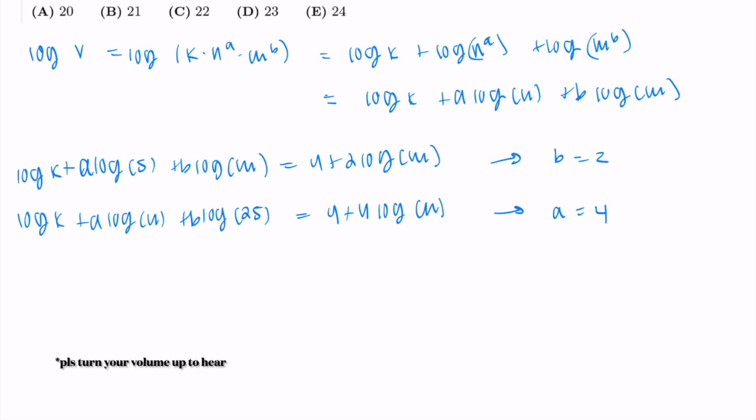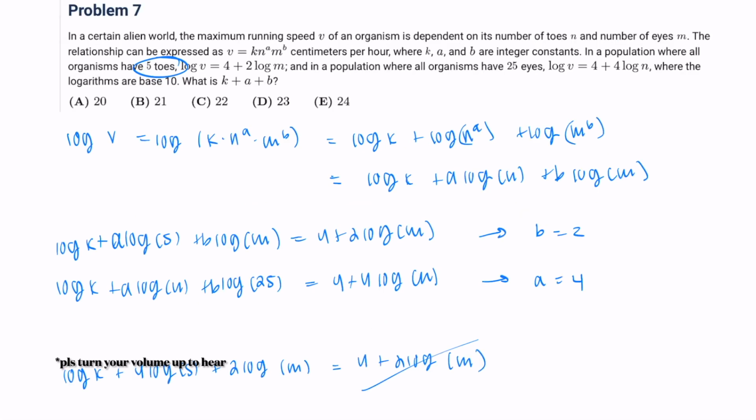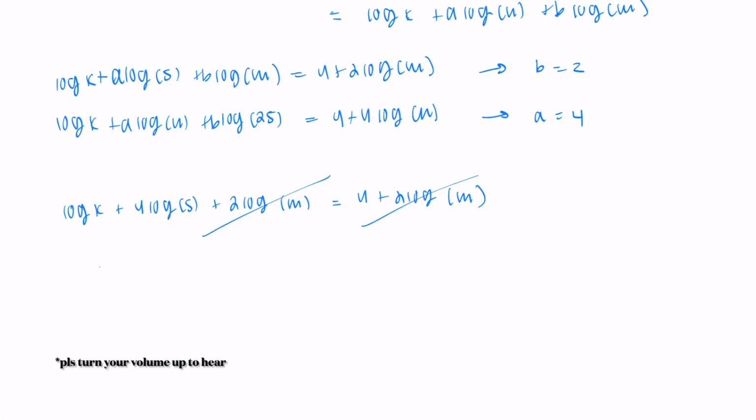So if we just go from the first equation and plug those values in, because we still need to find k, then we get log k plus a log 5 plus b log m equals 4 plus 2 log m. So log k equals 4 minus 4 log 5.